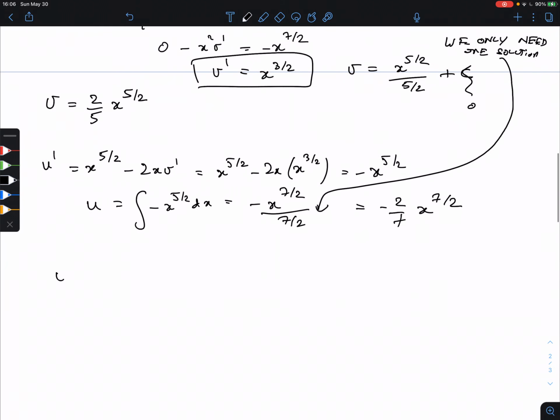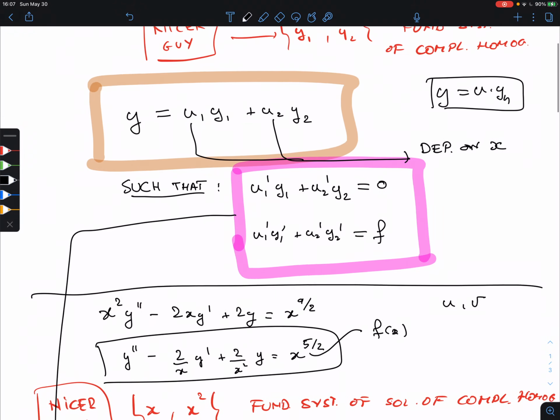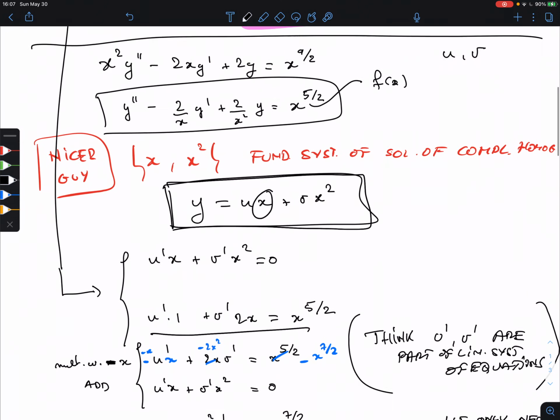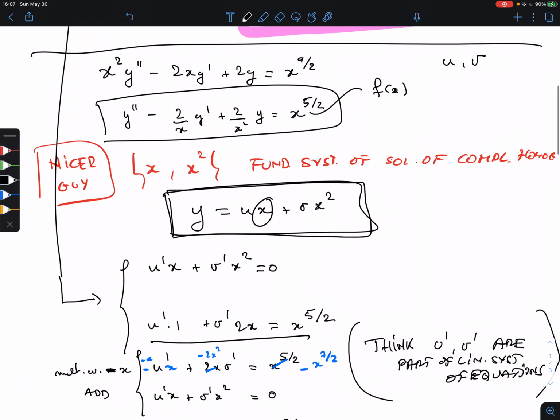So we say that y, and this is a particular solution, is u, which was this guy, minus 2/7 x to the 7 halves, times x, plus the other guy, v, which was 2/5 x to the 5 halves, times x squared.